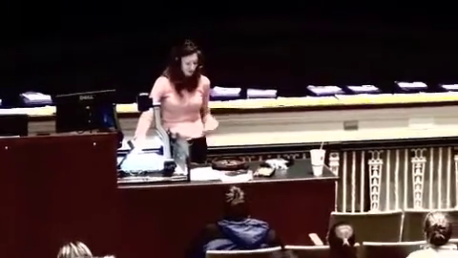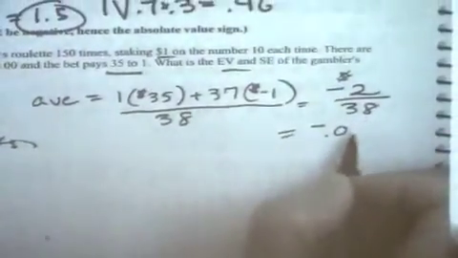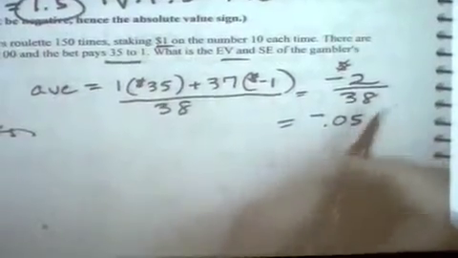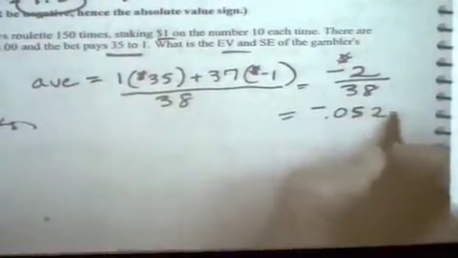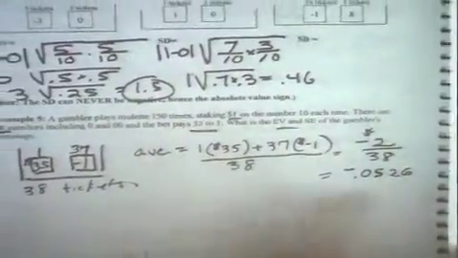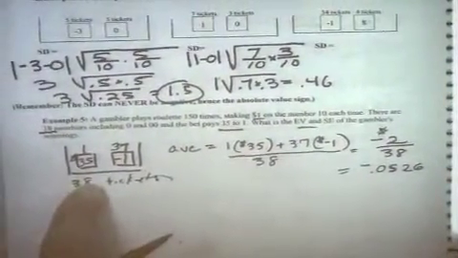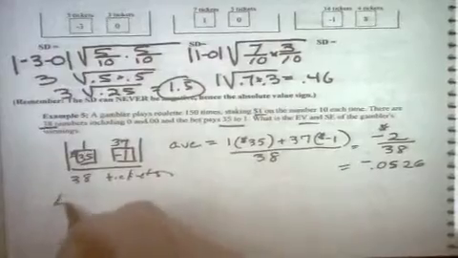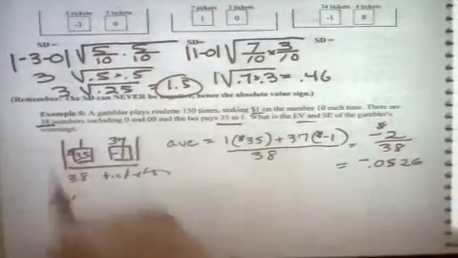Okay, now, so this is about negative a nickel. Not going to do it on my calculator because I know it. If you want to do it more exactly, we can do it to 4 decimal places. That's the average of the box. So it says, what's the expected value if you play it 150 times?